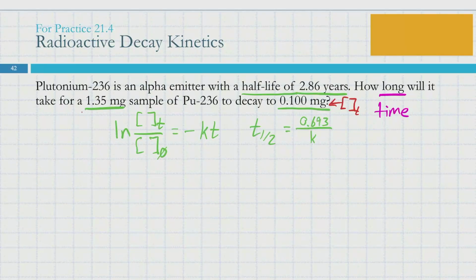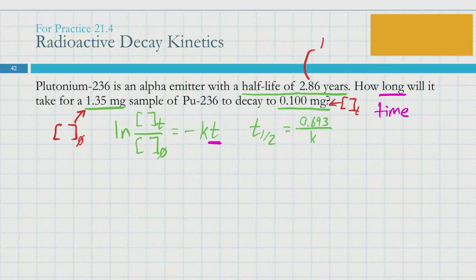We need the initial concentration, or the initial amount. That's going to be this 1.35 milligrams. That's how much we started with. We are trying to find t, so I'll underline that. And we do not have k. So we've got almost everything that we need to solve the integrated first-order rate law problem. We don't have k. k shows up in our t1/2 equation.